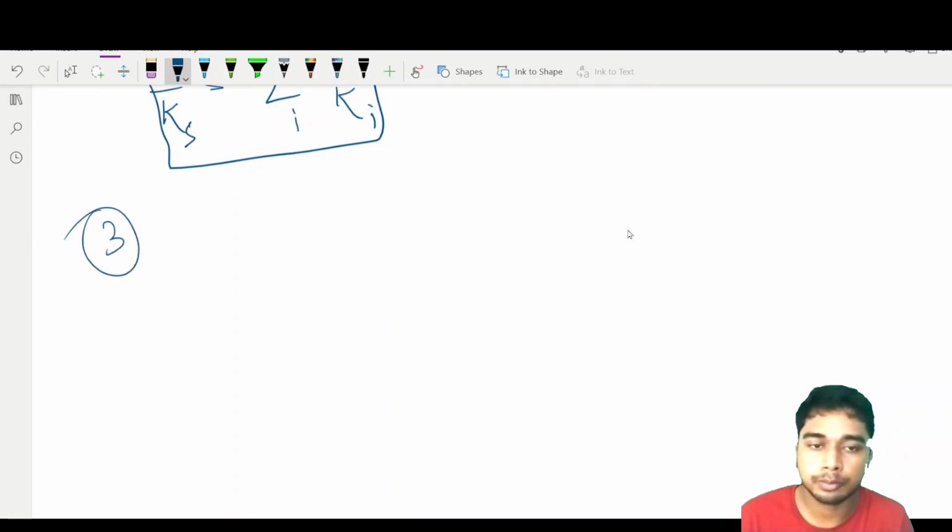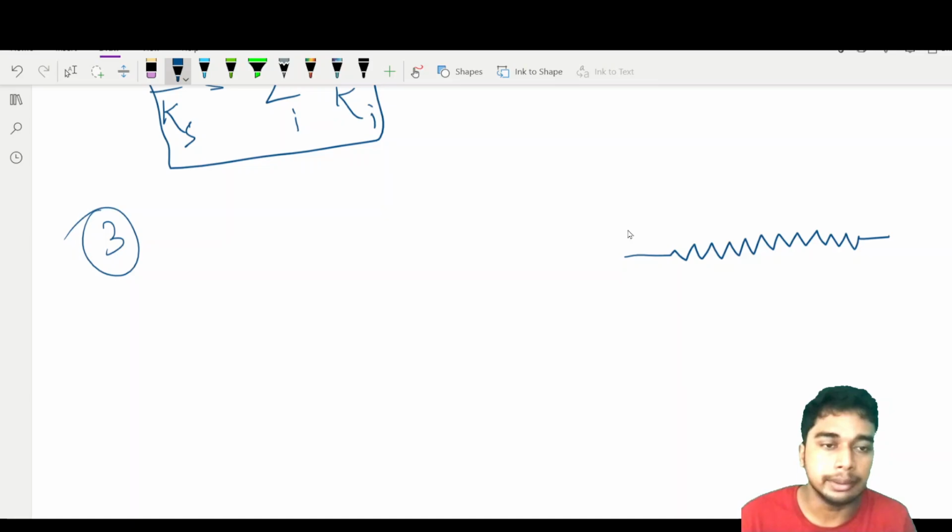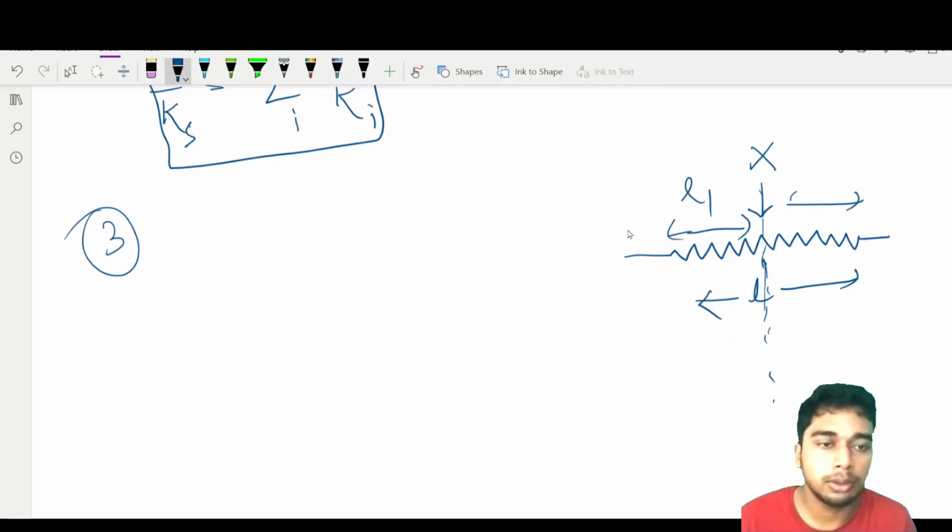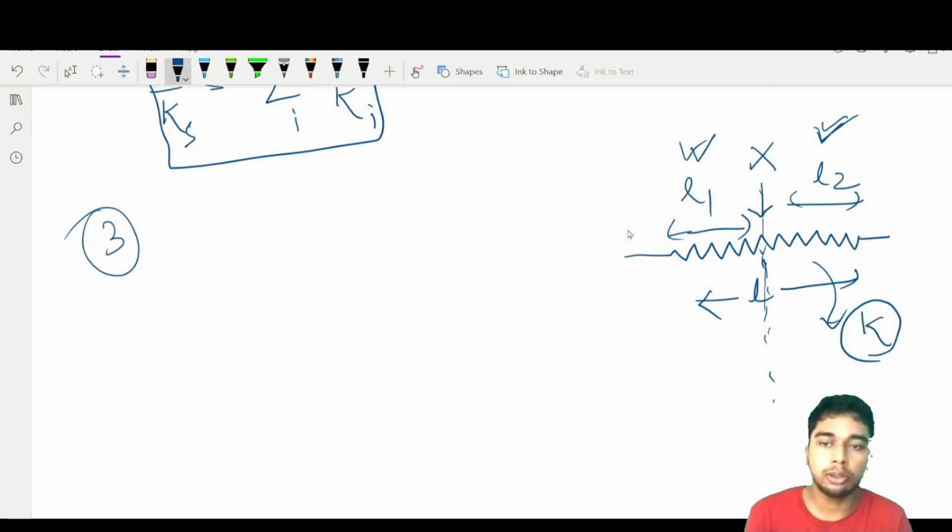Also, let us discuss another important case, case 3. For example, there is a spring. This spring has a length L, and I cut it in the middle. Say one part has length L1 and the other has length L2. The total spring constant had value K, but after cutting, the question can be asked like what will be the new spring constant of this part.